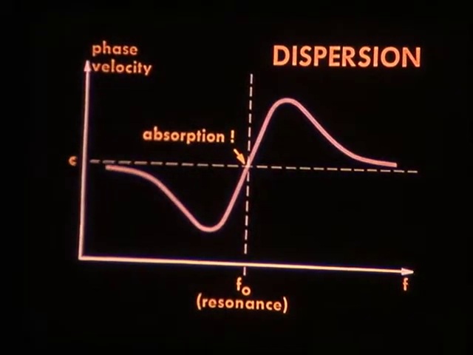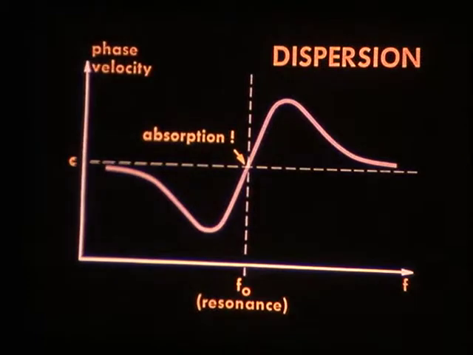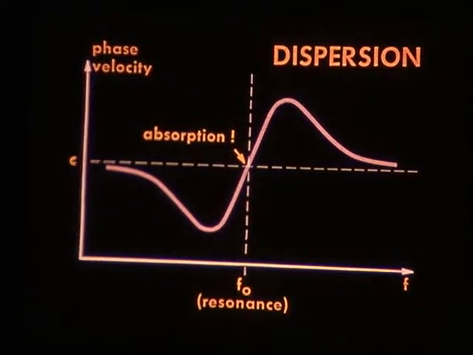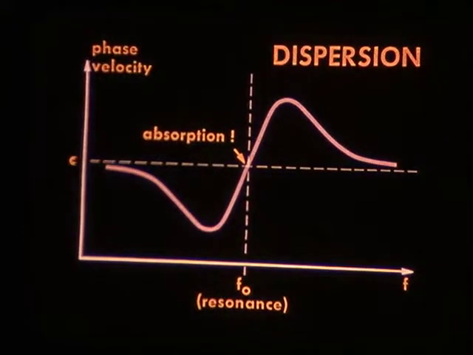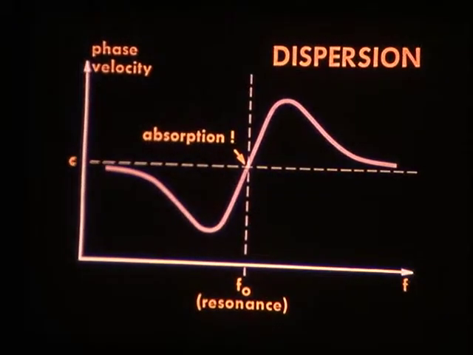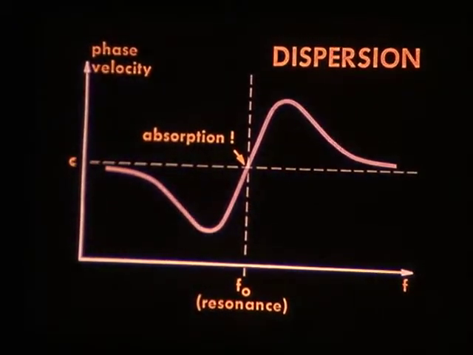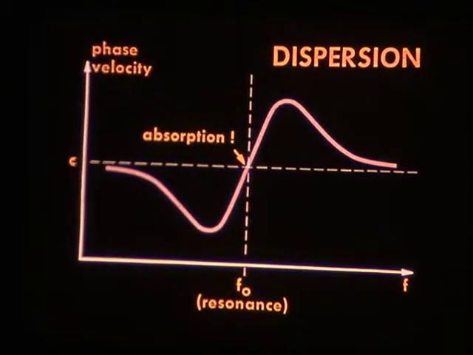Near resonance, the material is opaque. Above resonance, an obliquely incident beam should be bent away from the normal. Yes, that must be true, because we just saw that above resonance, the wave has a phase velocity which is larger than in vacuo. Still, you might be skeptical, so we'll check it by experiment.